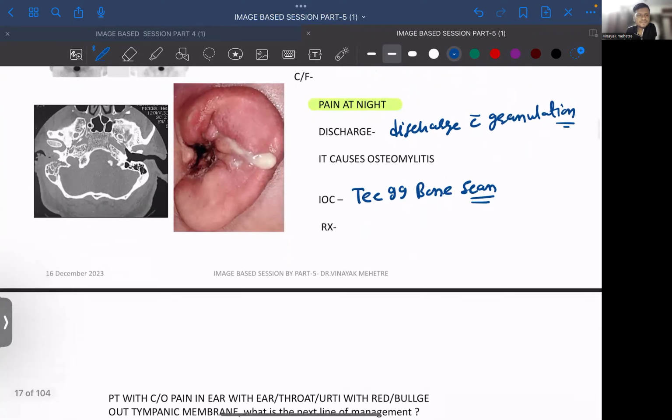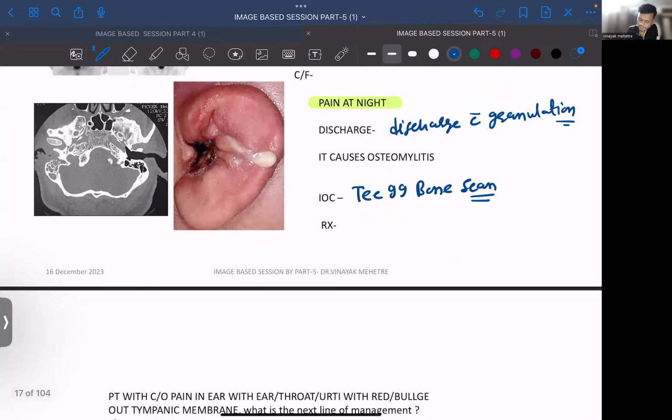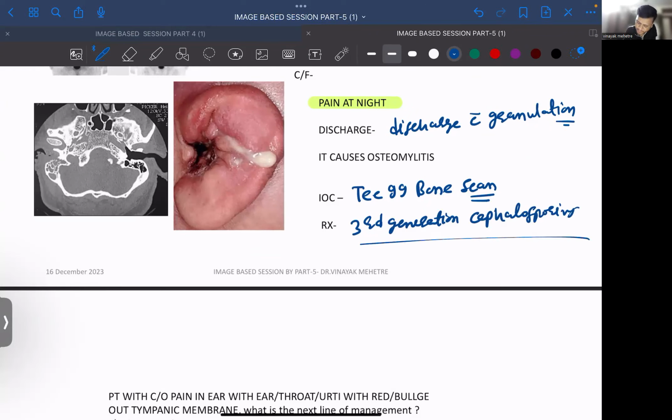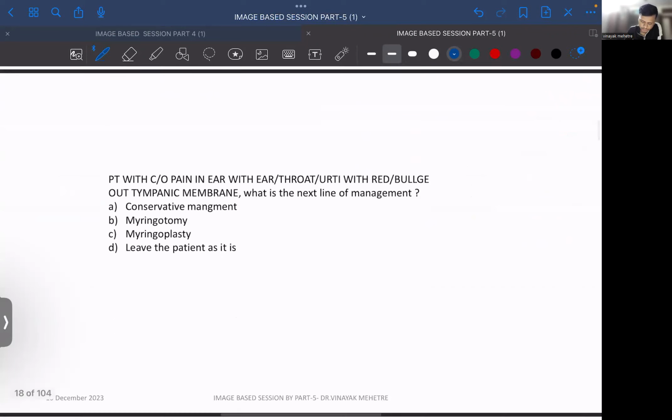ट्रीटमेंट पे क्या देंगे हम? थर्ड जनरेशन cephalosporins. Before giving any kind of antibiotic, what do we need to do? Basic question. Before giving antibiotic, what do we have to do? And try to solve this question with that question.